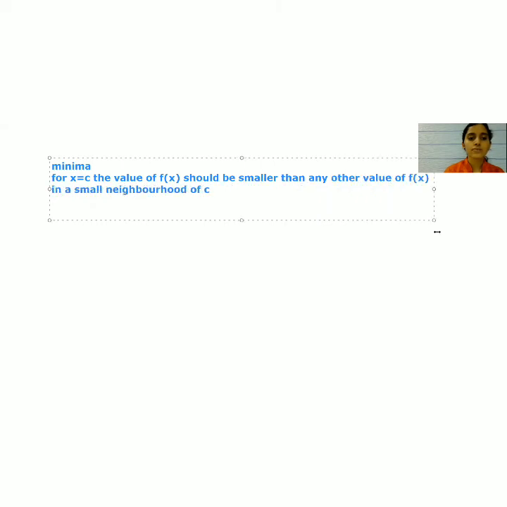Clear? So exactly opposite to maxima we can say. For x equal to c, the value of f of x should be smaller than any other value of f of x in a small neighborhood of c.